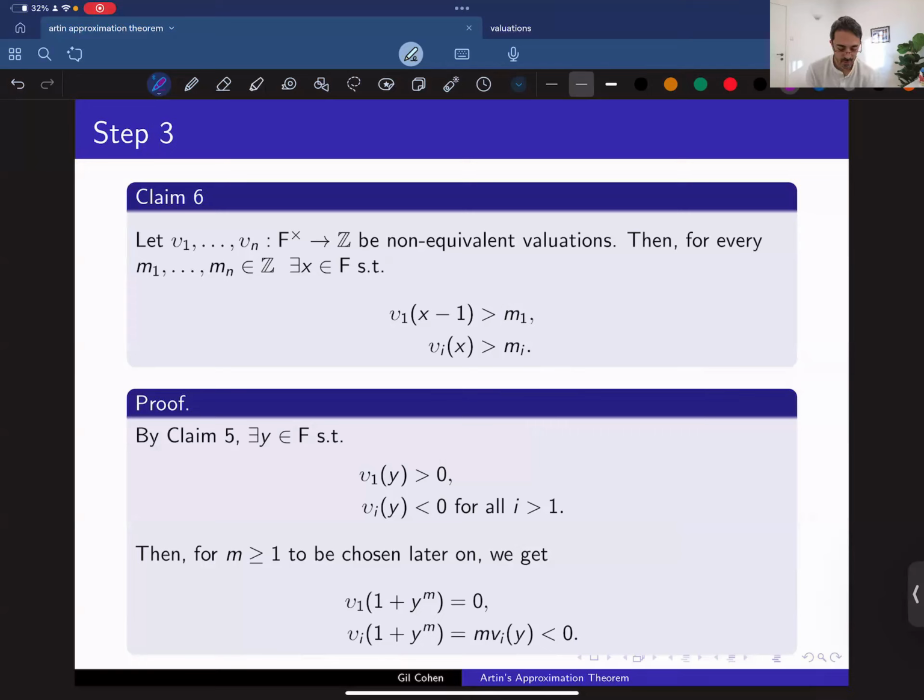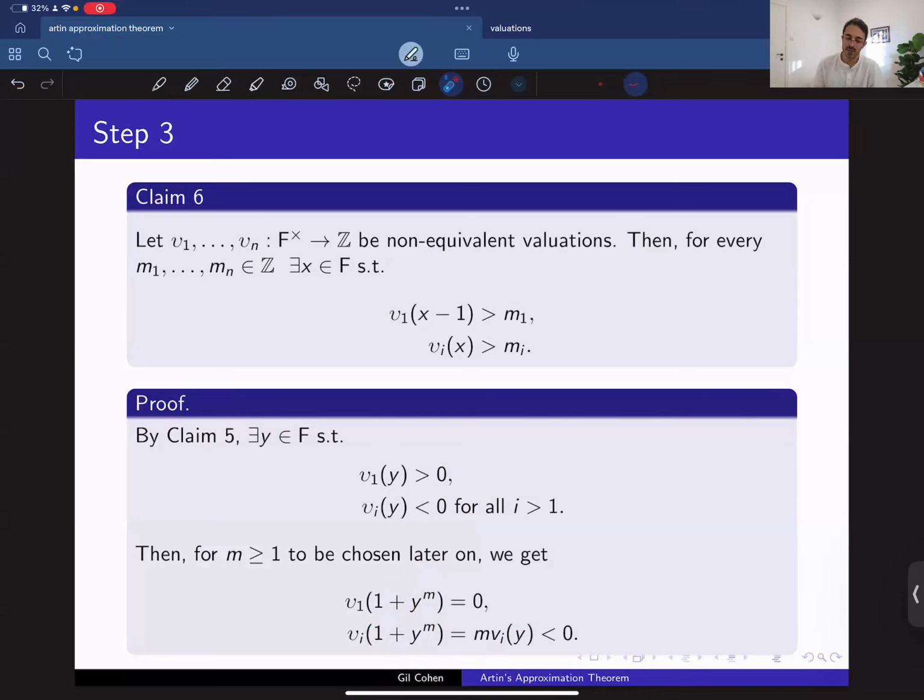Well, we know that the valuation of y at the other i's is negative. So that's what's written here. Using the same logic, y to the m has a pole at the point i. And 1 plus a function that has a pole still has a pole. So that should also be negative.